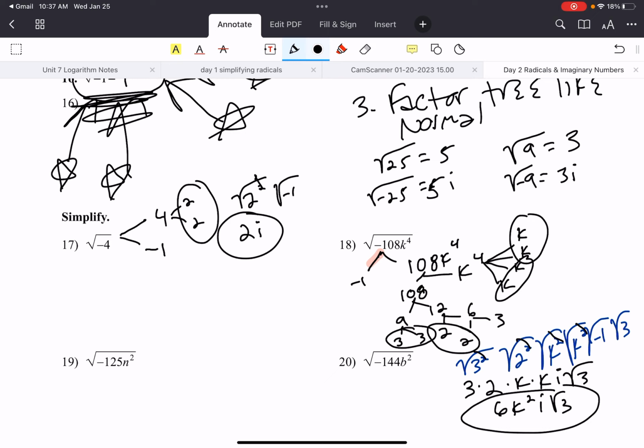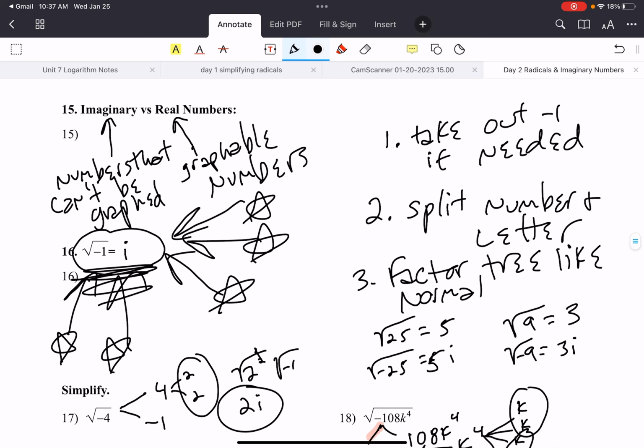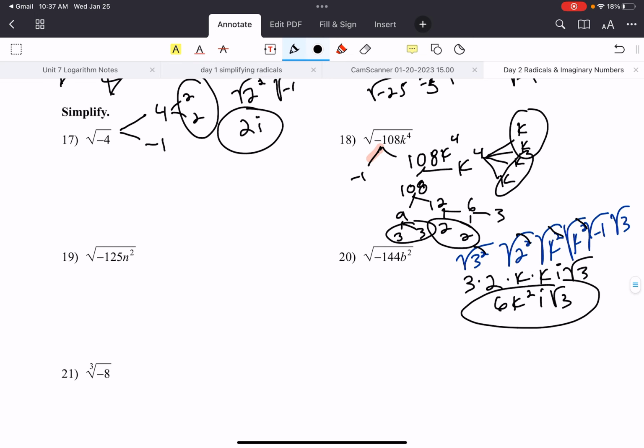Let's try and get through one more before the bell rings. Let's look at 9. So use our list. Okay, so I split my negative and my number. And then step 2, split my number and my letter. If it ends in 5, I know 5 goes into it.